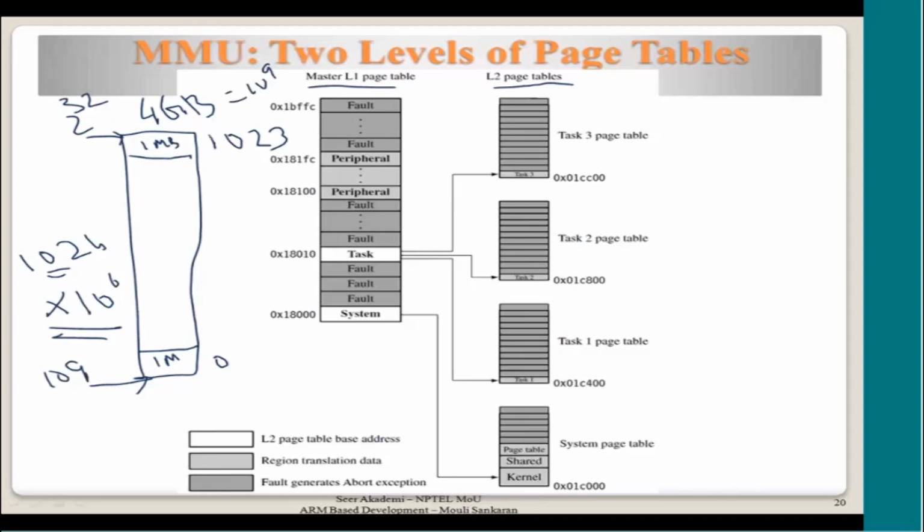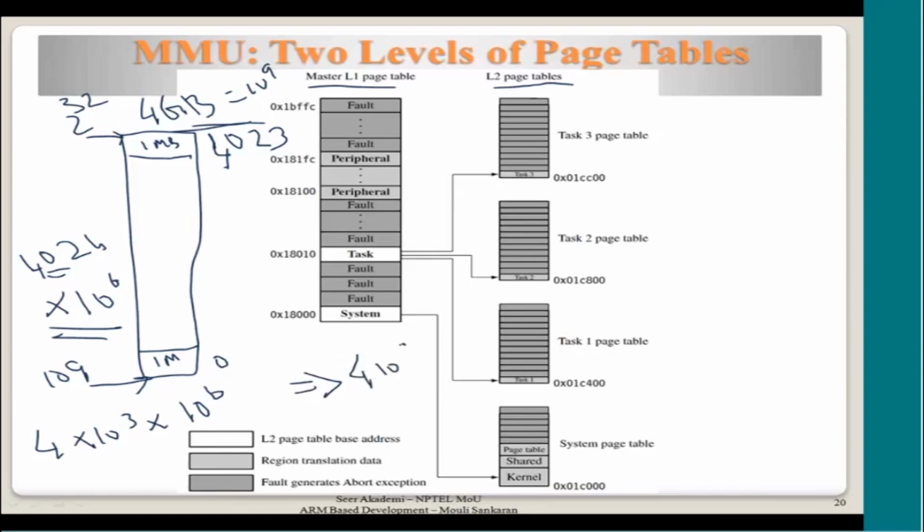Now actually, it will be 4K, sorry. Why? Because this is 1 MB only, right? This can go up to 4 GB. So 4K into 10 power 6 is what you will get as 4 GB. Simplifying, 4 into 10 power 3 into 1 MB, which I am simplifying as 10 power 6, becomes 4 into 10 power 9.